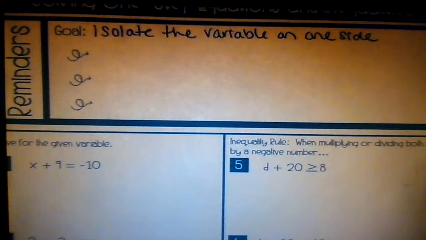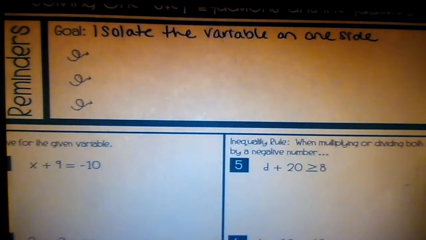Then Monday through Friday. Okay, so our goal for the rest of these 3 days, we are trying to isolate the variable on one side of the equation. What does that mean? We don't want to get rid of it. If I take you and I put you in isolation, you're on your own.